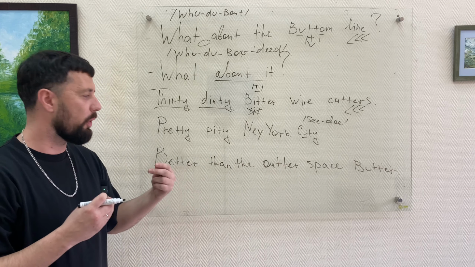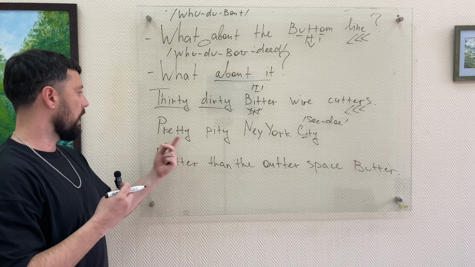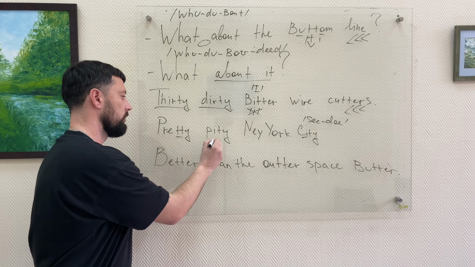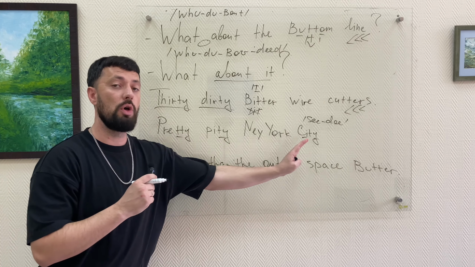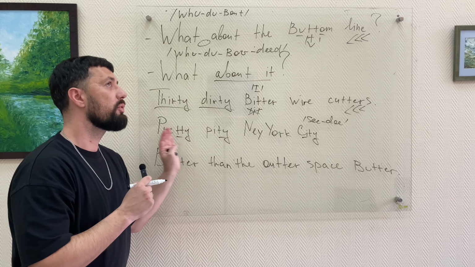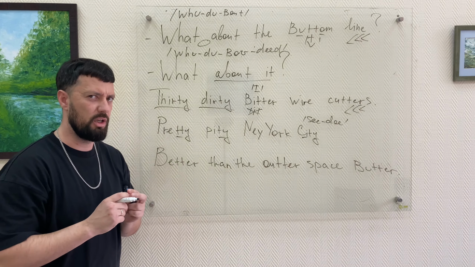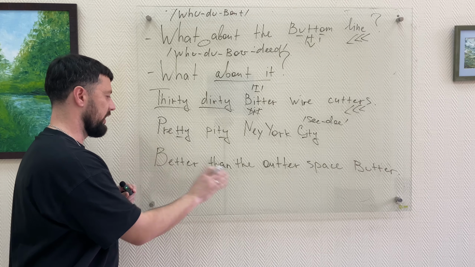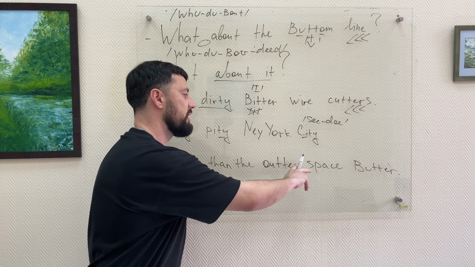It's a short one, but it has the New York, the R, and it has plenty of flap sounds here. Let's get it. Pretty New York City. Pretty New York City. Okay? Good one.